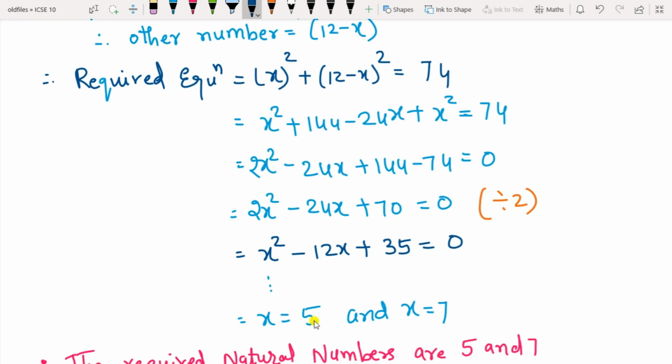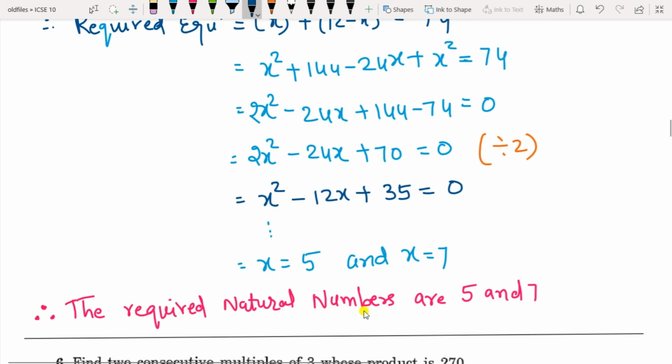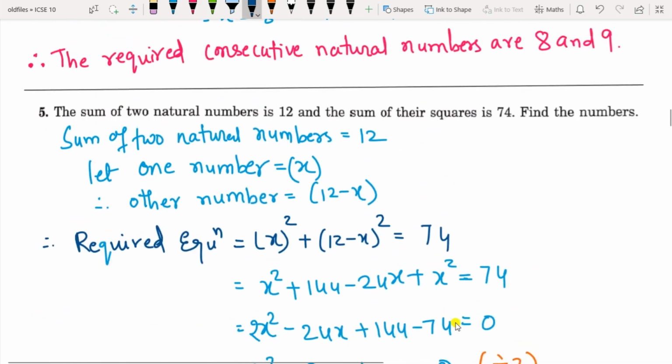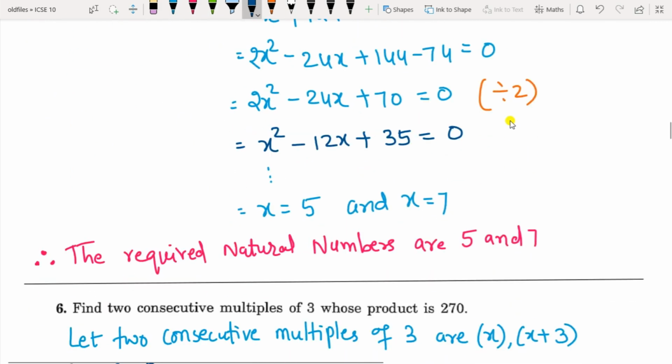Its values will be x equal to 5 and x equal to 7. So these are the required natural numbers whose sum is 12 and sum of their squares is 74. You can see from here that 5 plus 7 is 12, and if you square them and add them, it will be 74.